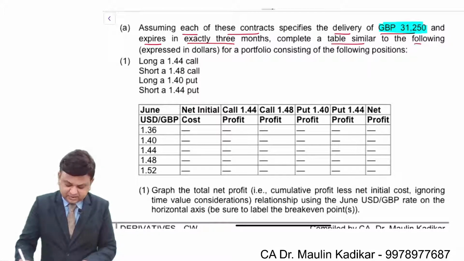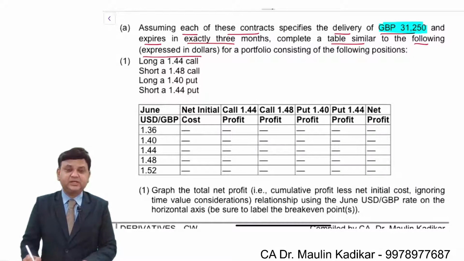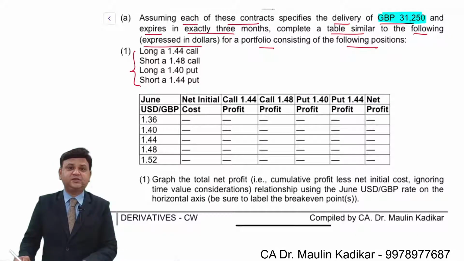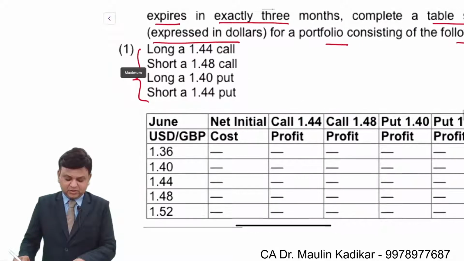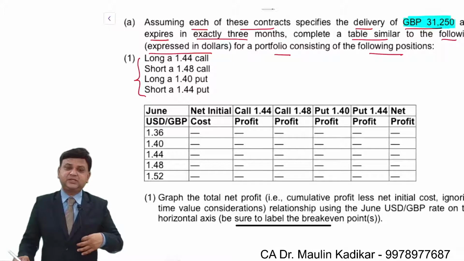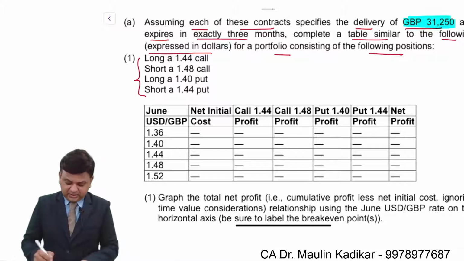Complete a table similar to the following, expressed in dollar currency, for a portfolio consisting of the following positions. So these are the 4 transactions which have been entered upon by the trader. The first is long on 1.44 call, meaning purchasing of the call option with exercise price $1.44 per pound.